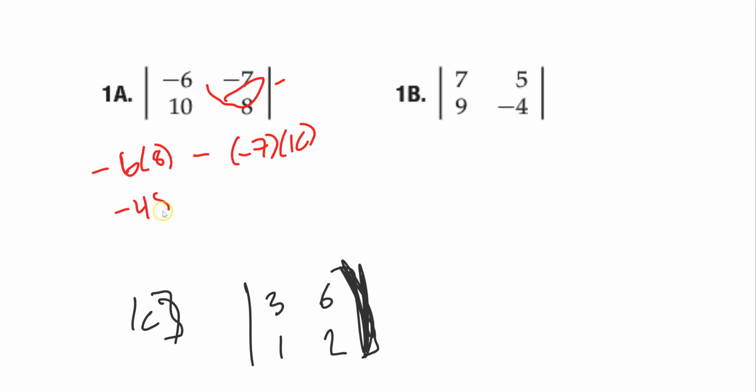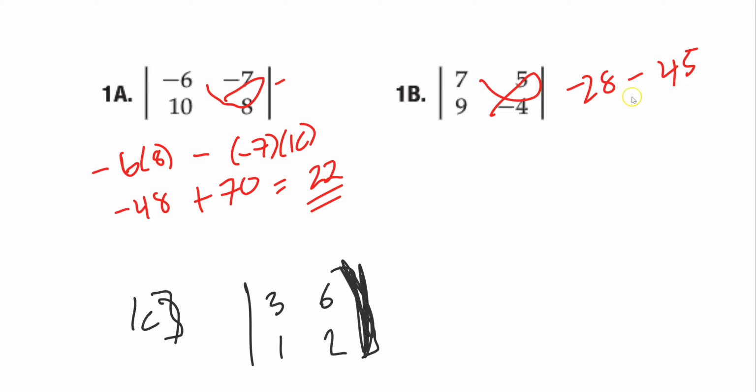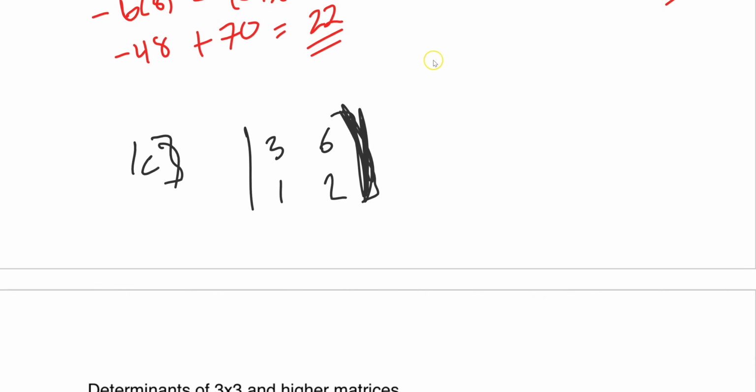I get negative 48 plus 70, also known as 22. Over here, down minus up, I get negative 72. Again, that's all it is for a 2 by 2 determinant. Right here, down minus up, 3 times 2 minus 1 times 6. In this case, I get 6 minus 6, which is 0.